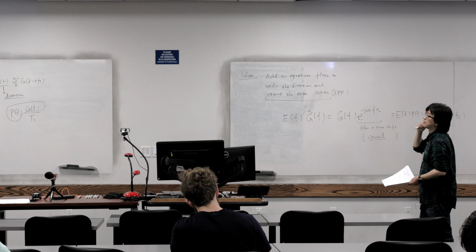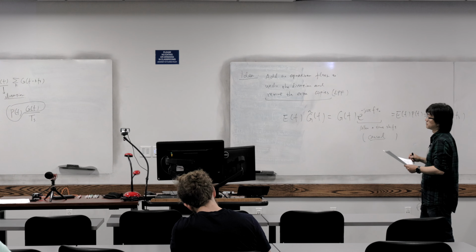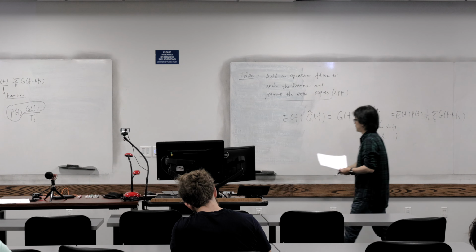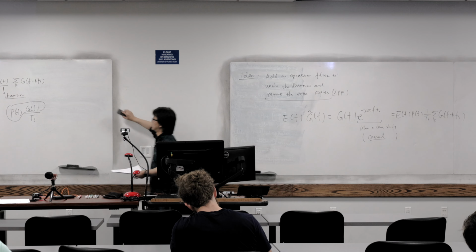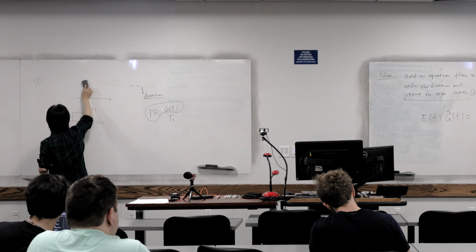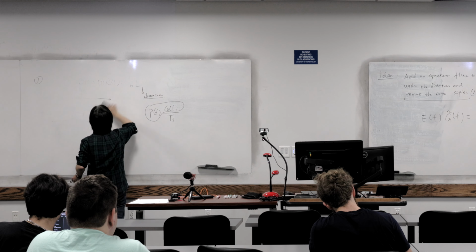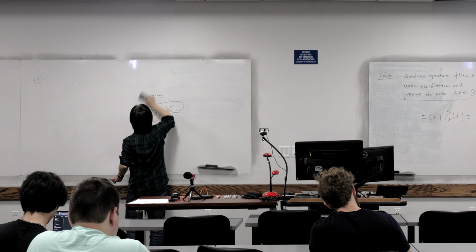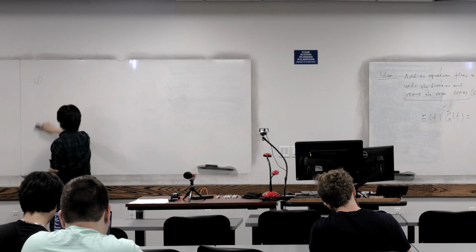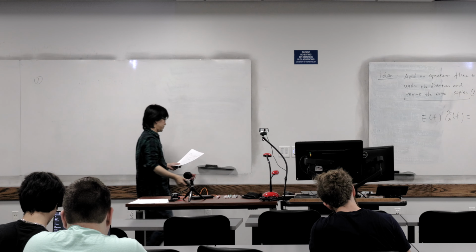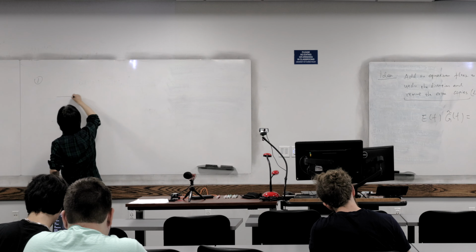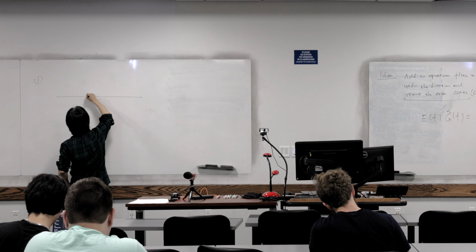Maybe let me redraw this a little bit. You can see this is kind of a low-pass filter, but not the ideal low-pass filter, so it's a little bit more complicated. Let's see how we can design this exactly.